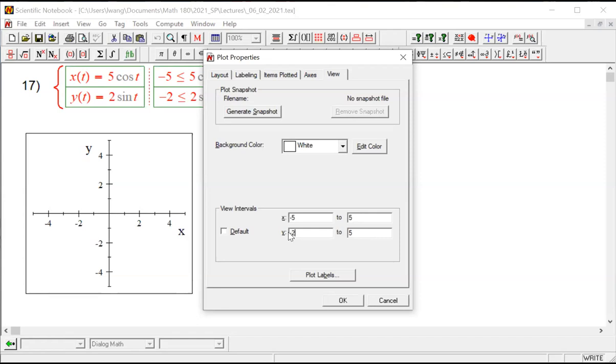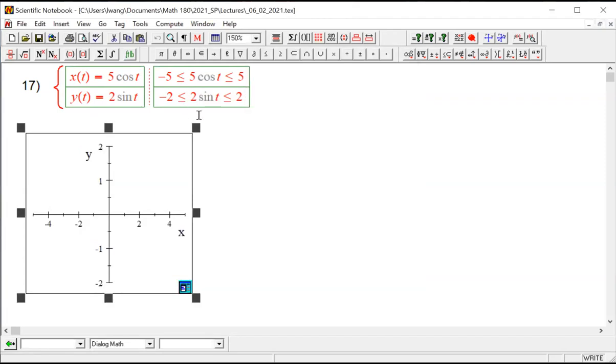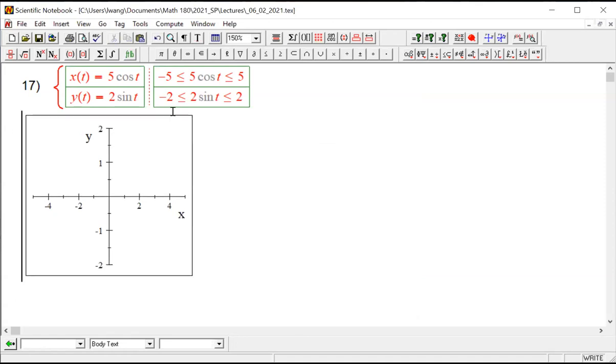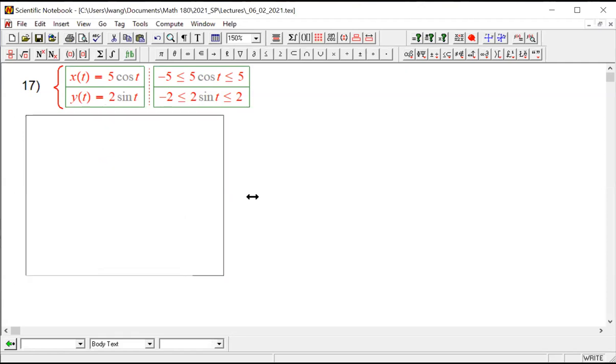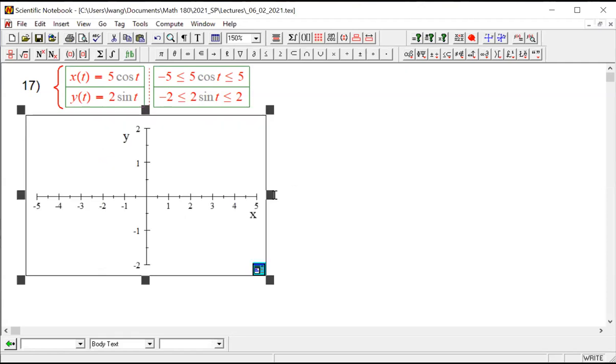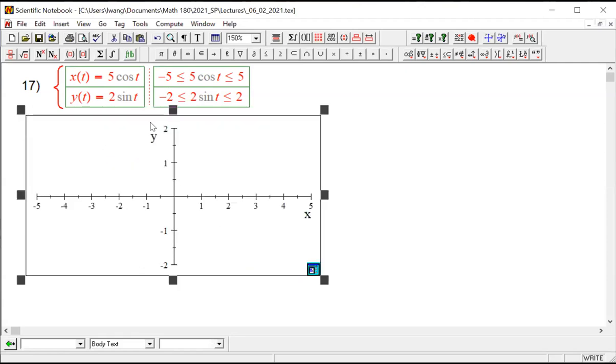Does that make sense? Even though we're doing this parametric question, we already have a reference from the basic properties of the trig functions, sine and cosine, their domain and range.